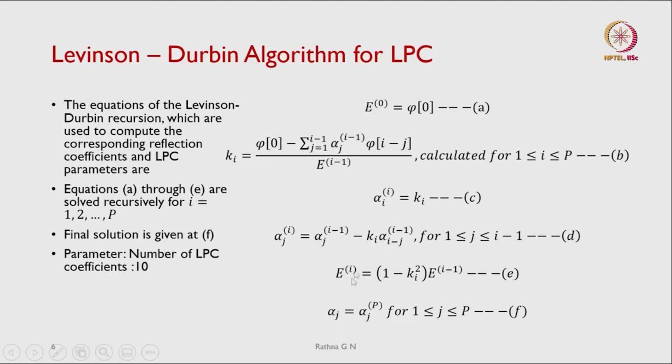So, the expected value E_i is calculated with this equation, and then the update of alpha_j, for j between 1 and p, is the final solution. The parameter, the number of LPC coefficients, is chosen as 10 in this case.